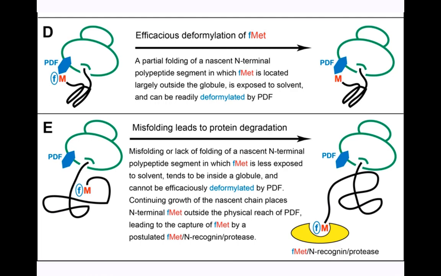Because if something happens, let's say the bacterium is growing at an abnormal temperature, slightly high, now as that same protein emerges, if it misfolds, if it doesn't fold into the proper secondary structure, that N-formylmethionine is no longer put into a position where it can be accessed by this PDF activity. And so the formylmethionine remains on it. This is actually a tag that bacteria use to determine that proteins are defective, that they have been misfolded. And that N-formylmethionine will actually allow the protein to be targeted to a degradation pathway, kind of similar to the proteasomes in eukaryotic cells. So this is the significance of the N-formylmethionine.